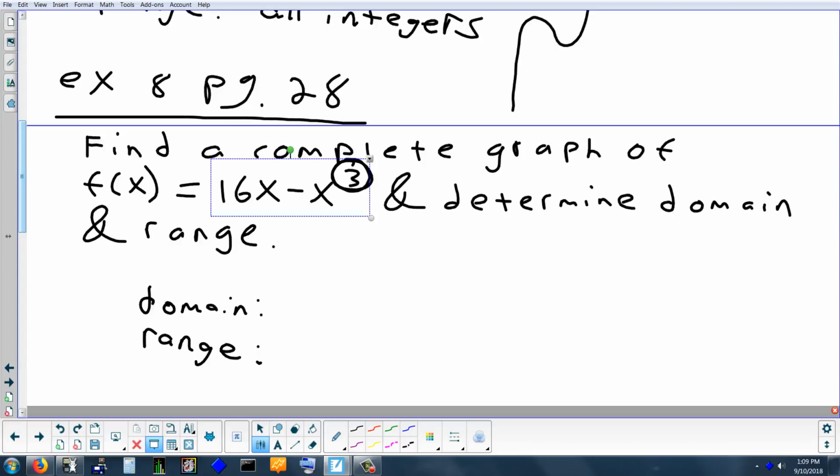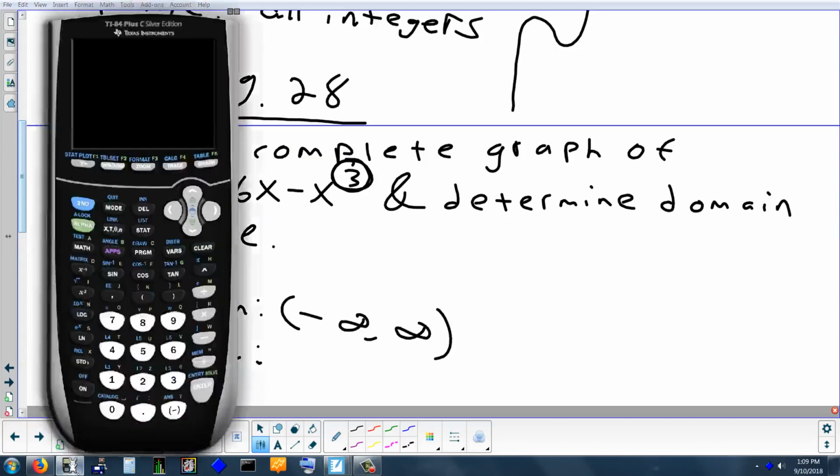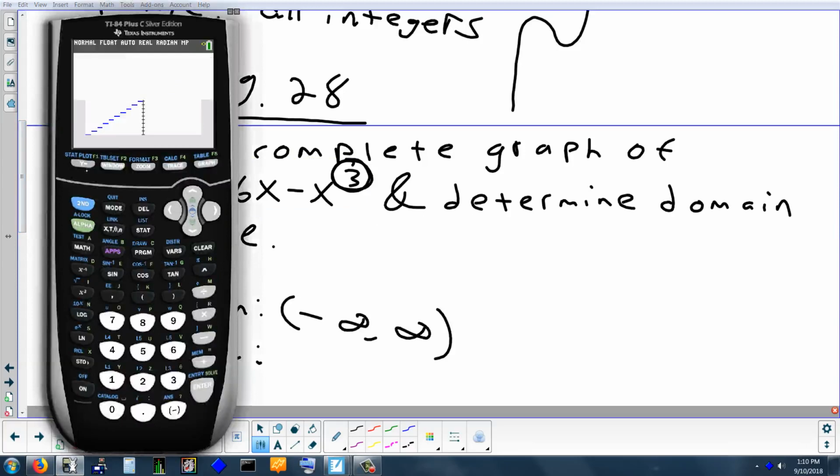It doesn't matter. So the domain is all reals. In fact, the domain of every polynomial is all reals. Always.